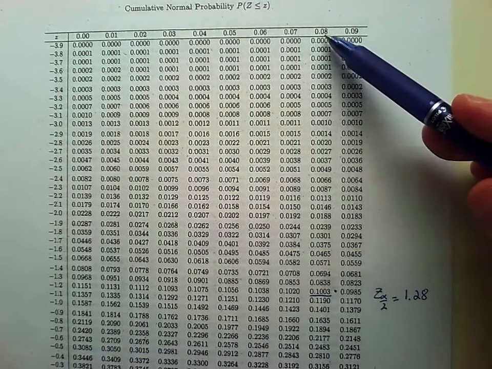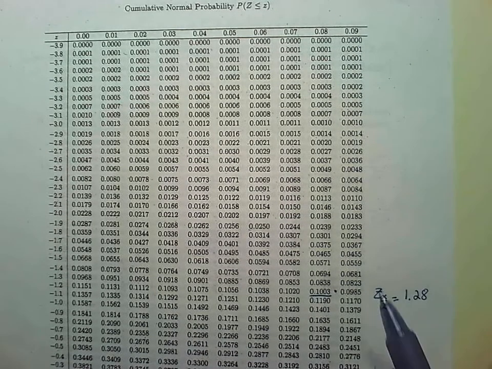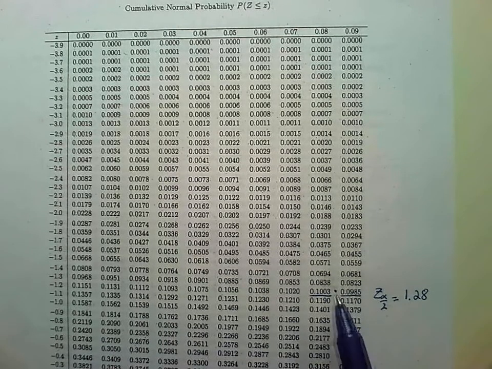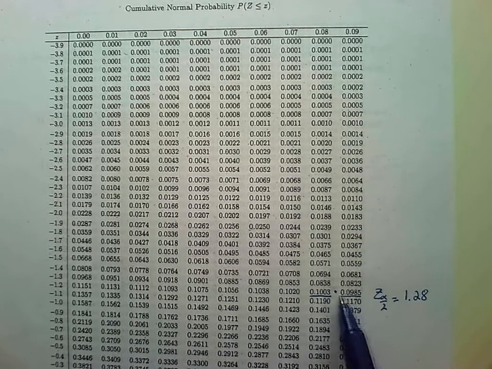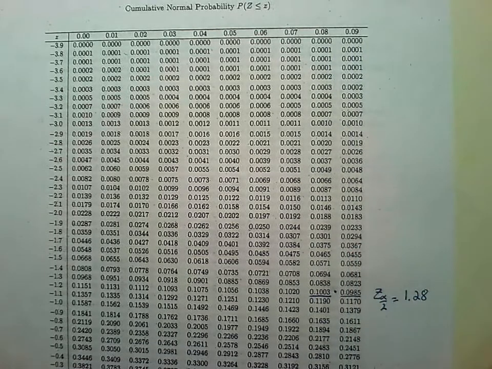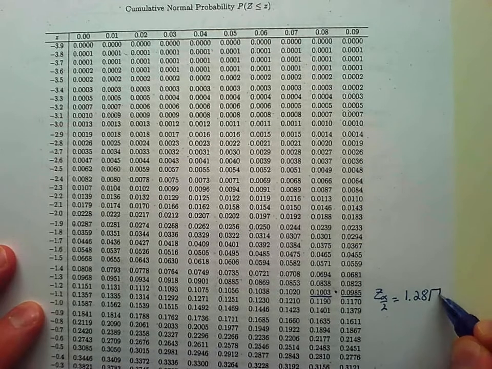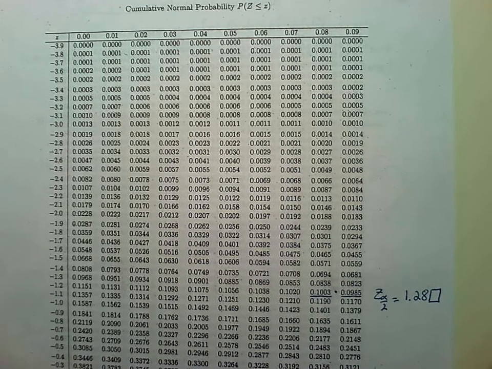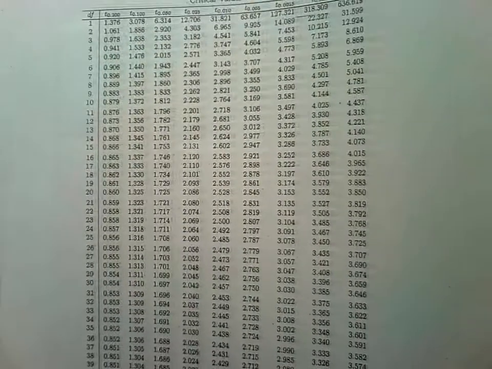If we had some z value between 1.28 and 1.29, then we could have the value 0.1, which is in between these two values right here, right? 0.1 or 10% is somewhere between these two values. Well, what we can now do, if we want to have a more accurate z sub alpha divided by 2, i.e. having a third decimal place, is use our t-table.